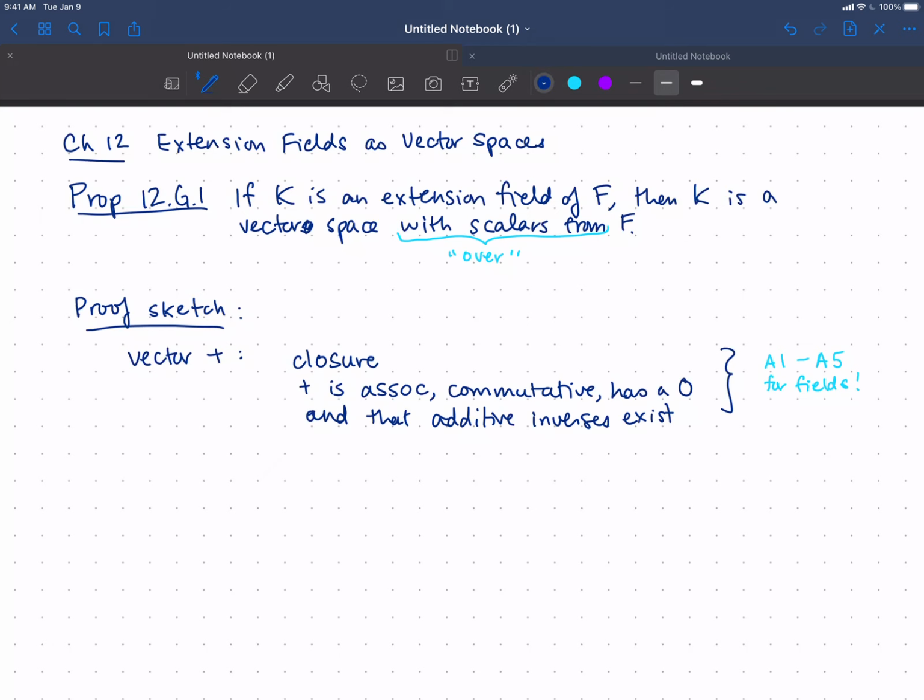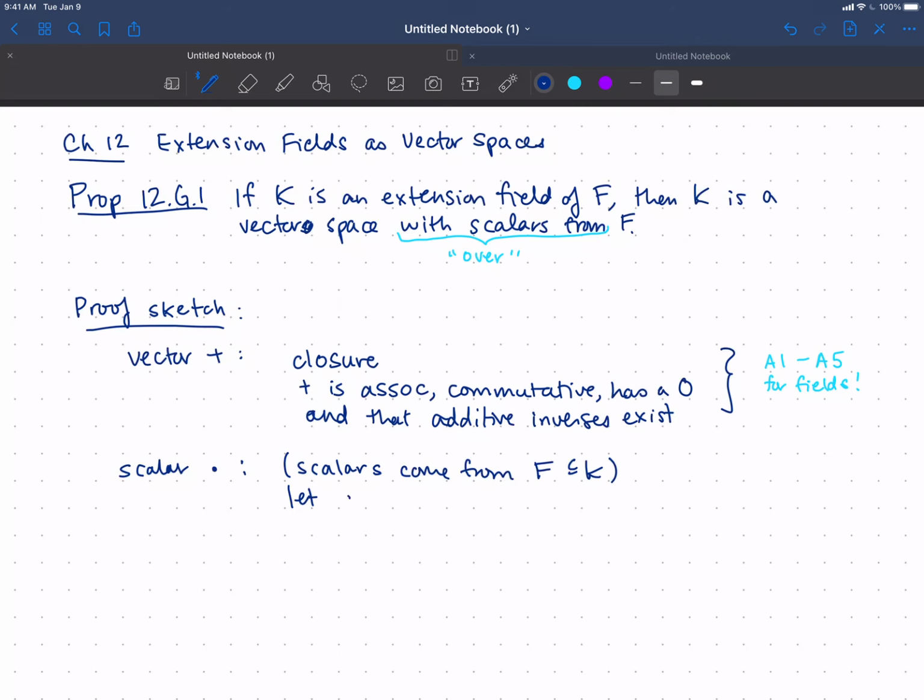And then we've got scalar multiplication, and we're going to hope that it's as nice as vector addition was. I'll just remind you that our scalars come from F, which is a subset of K. So these scalars from F are also elements of K, and that's going to help us out.